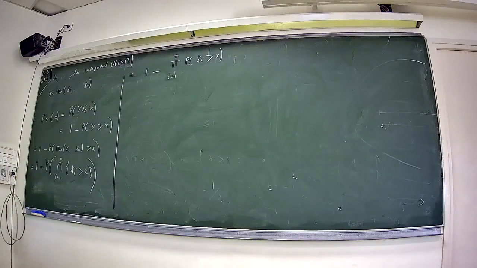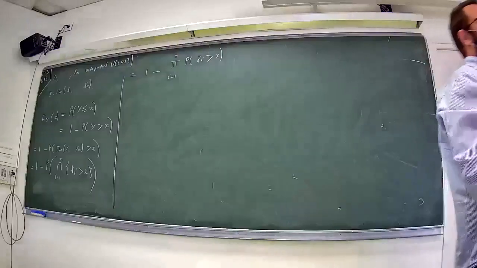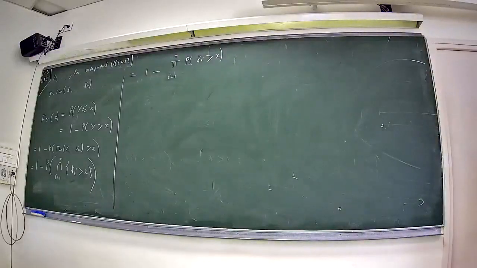By independence, I use independence here. I can also use the fact that they have the same distribution. All of them are uniform, but they have the same distribution, so all these probabilities are equal.